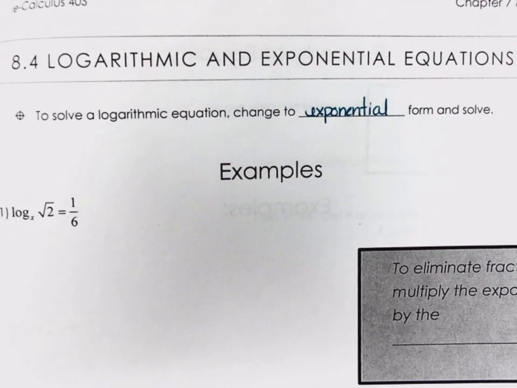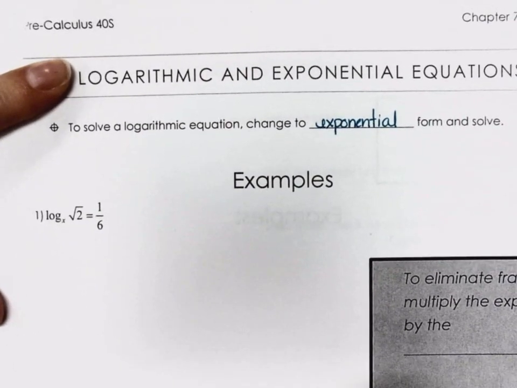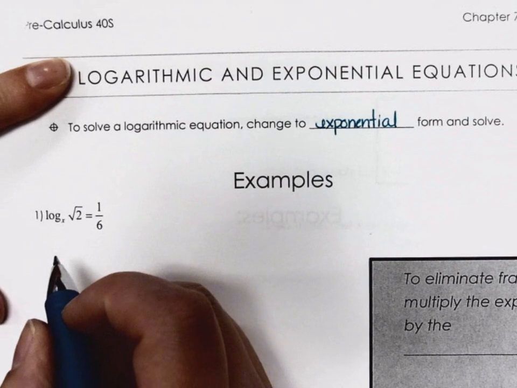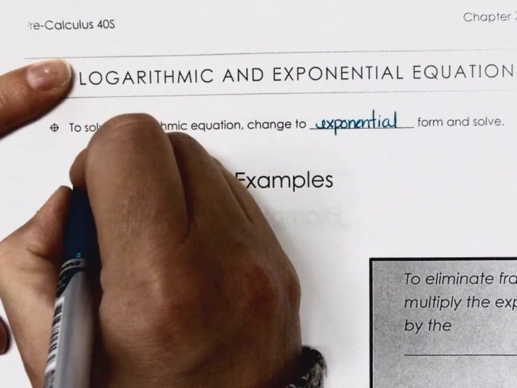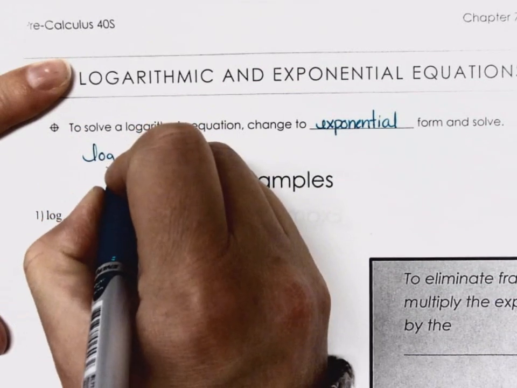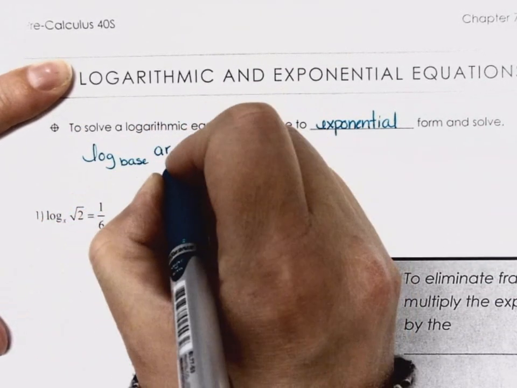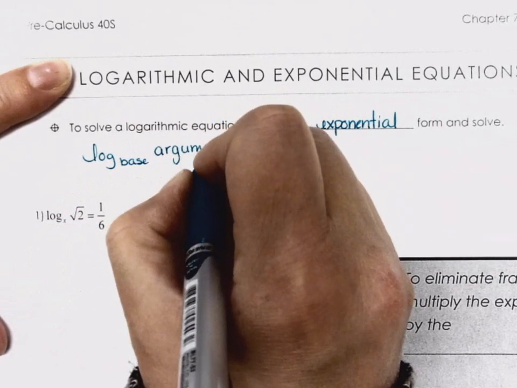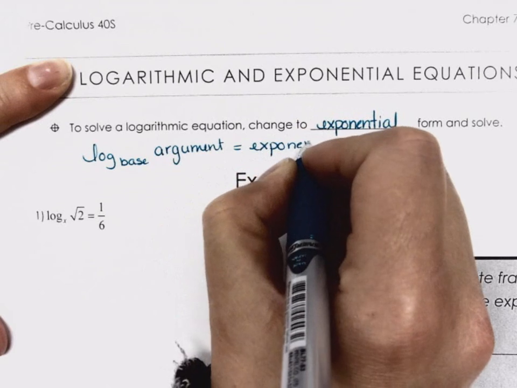This is what Dion and I put together yesterday, and I don't know if it will be helpful for you guys in changing between forms. So we have log, and then we have the base, and then we have the argument equals the exponent.